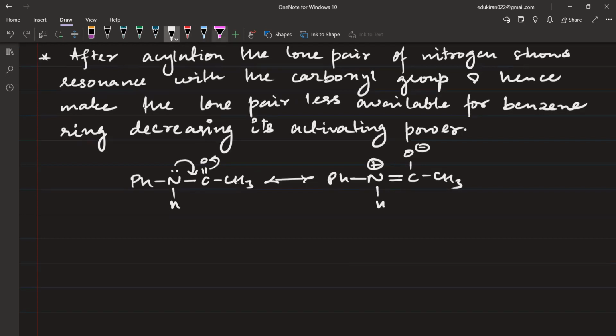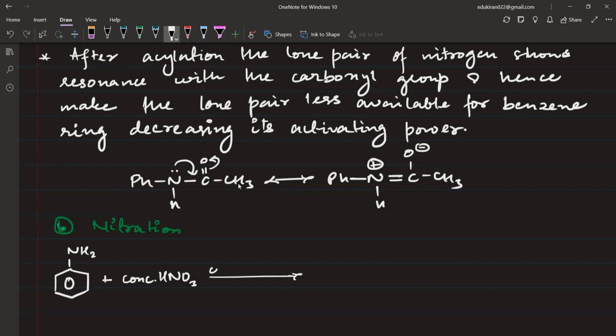The second reaction, nitration. Now in nitration, we have another problem. Please see. We use conc HNO3 and conc H2SO4.